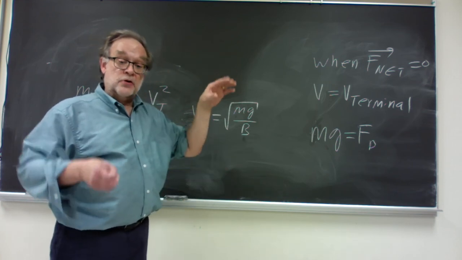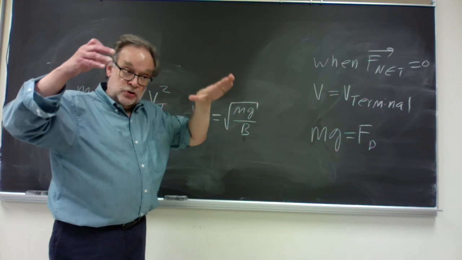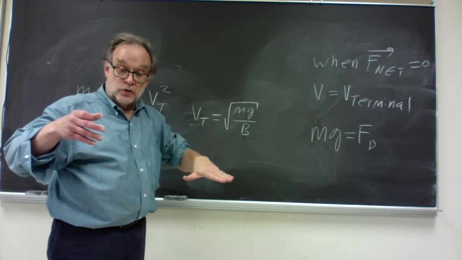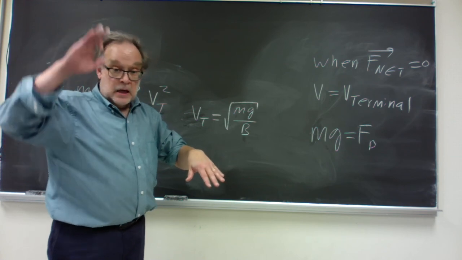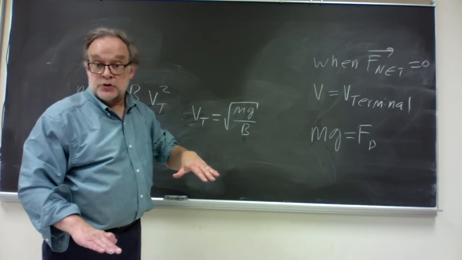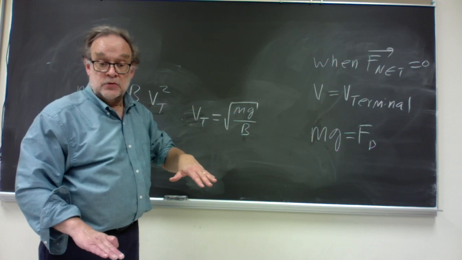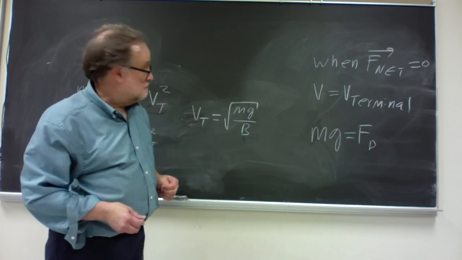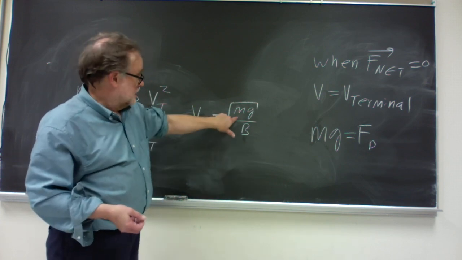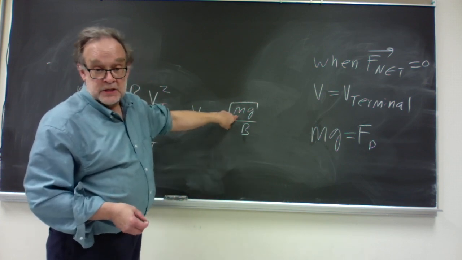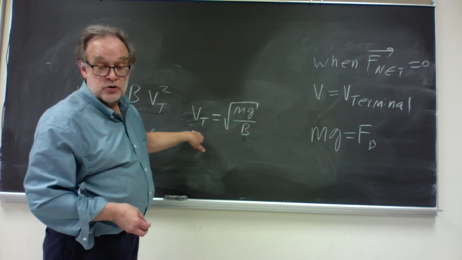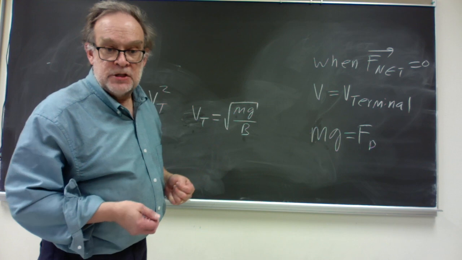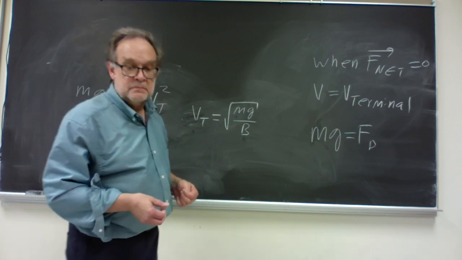If you drop a feather and a rock, you'll see the feather almost immediately get to its terminal velocity, and you won't see the rock get to its terminal velocity unless you've dropped it from a great height and are able to watch it for several seconds, because the mass of the feather is tiny, so a very small terminal velocity, very little acceleration is needed to get to that very small terminal velocity.